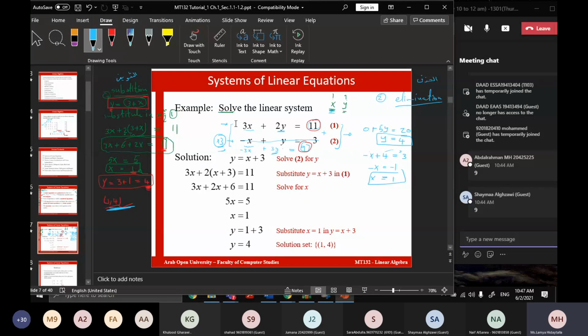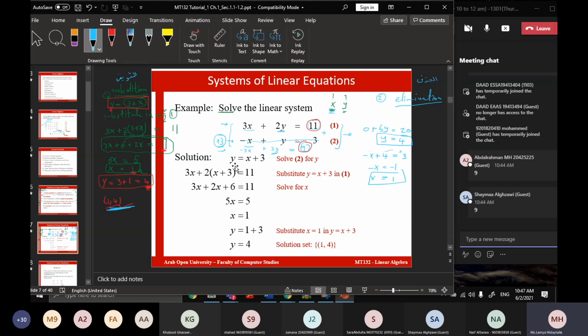So we can add one equation to another equation, correct? We can multiply one equation by a number like this, and then after that add it to this one.